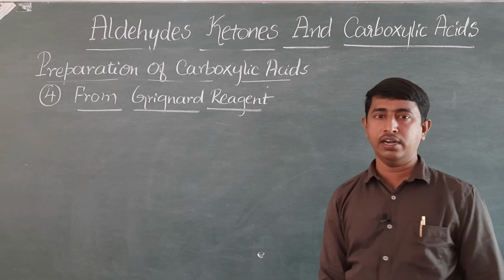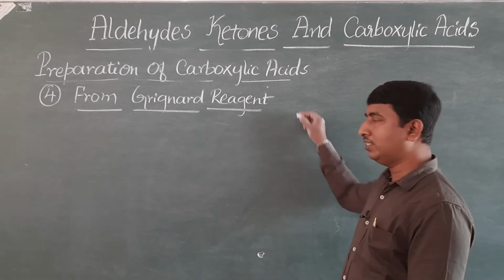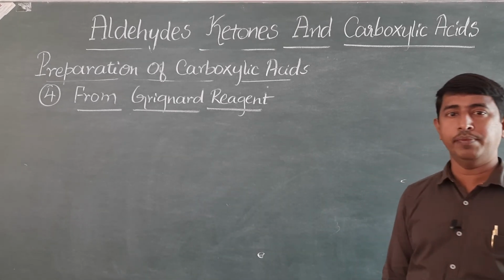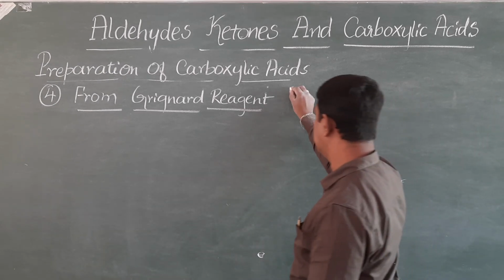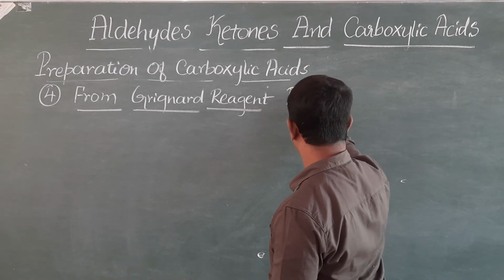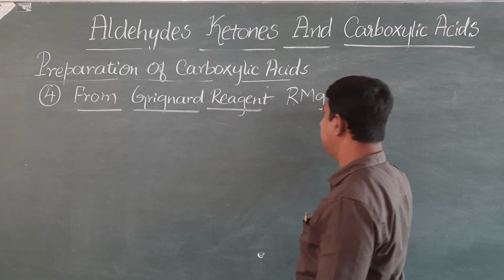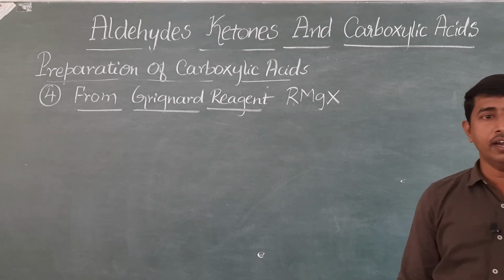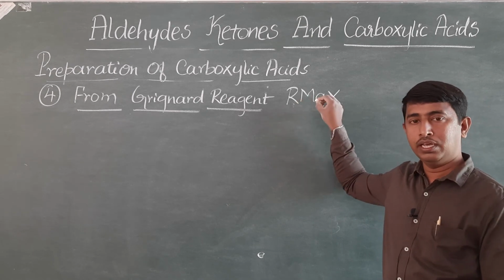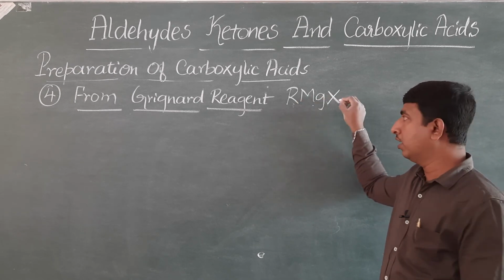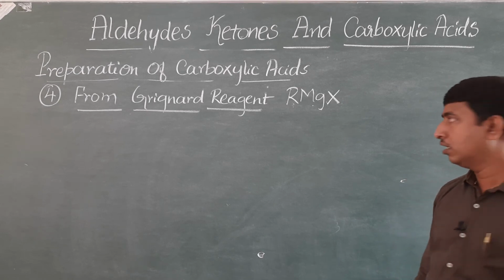Now what are Grignard reagents? Grignard reagents, they are nothing but alkyl magnesium halides. And the general formula of Grignard reagent is RMgX, where R represents alkyl group, Mg is magnesium, X means halide.